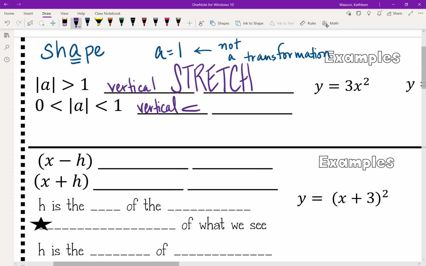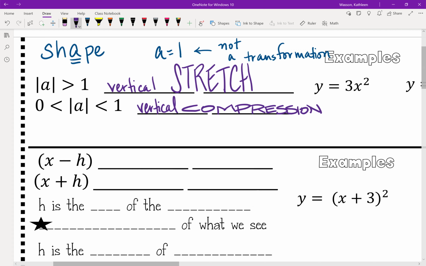This one is like wide and flat. Okay. So these are opposite of each other. And again, if a is 1, then it's the original regular shape.